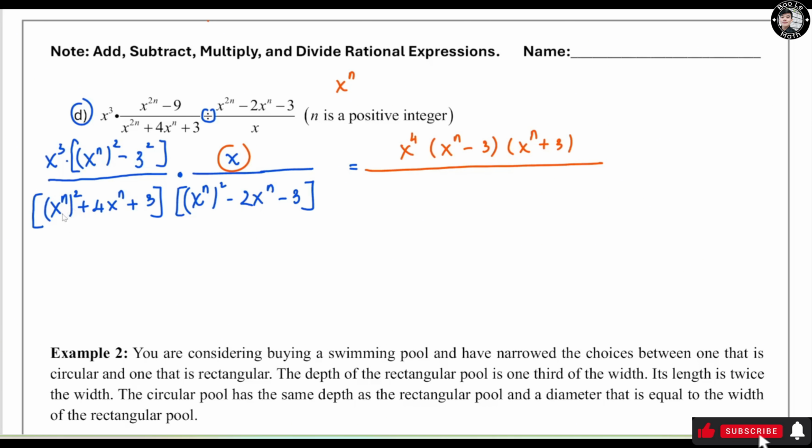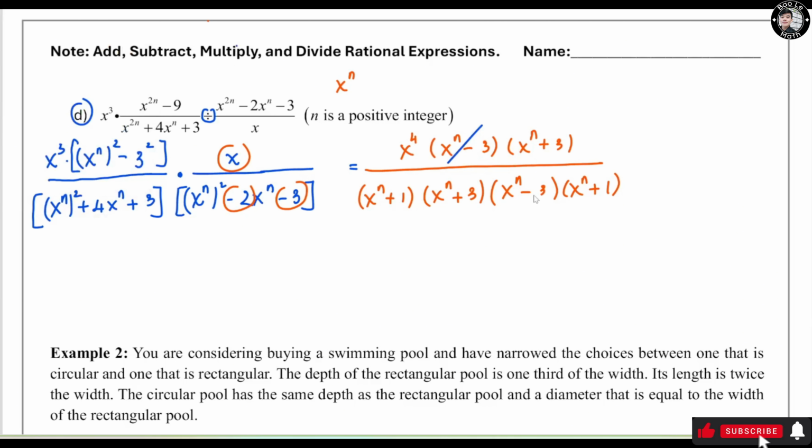So you need to find two numbers that multiply to 3 and add up to 4, which is 3 and 1, right? So we have s to the n plus 1 times s to the n plus 3, right? Now this guy same thing, find two numbers that multiply to negative 3 and add up to negative 2. So it could be s to the n minus 3 times s to the n plus 1, right?